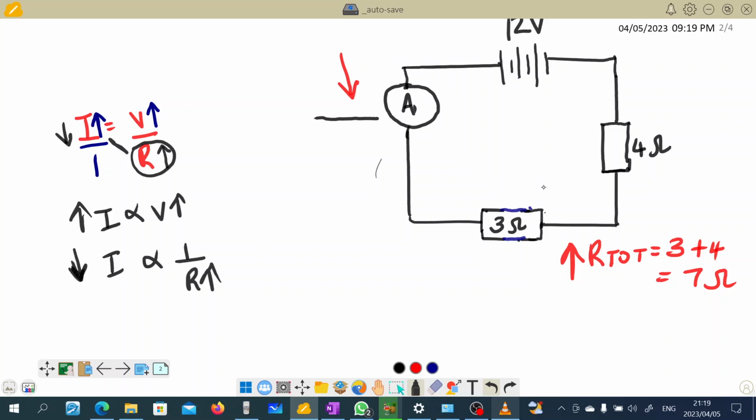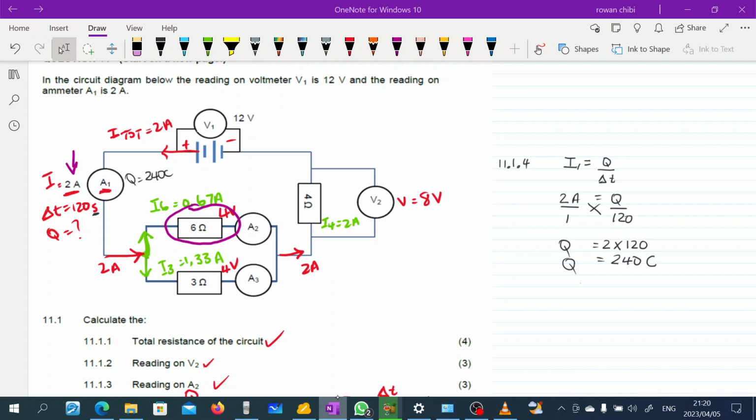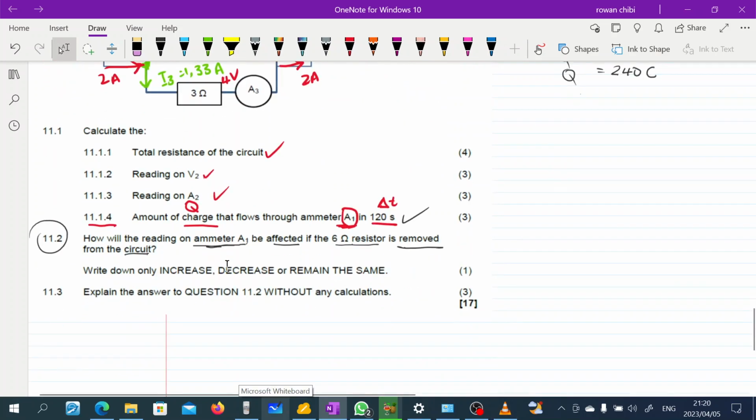That's what we saw from the diagram. When you remove the 6 ohm, resistance increases. If resistance increases, then the current will decrease. So that's what they are asking here. So let's look at the question again.